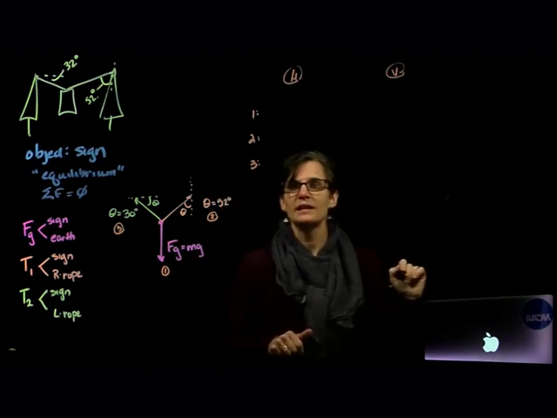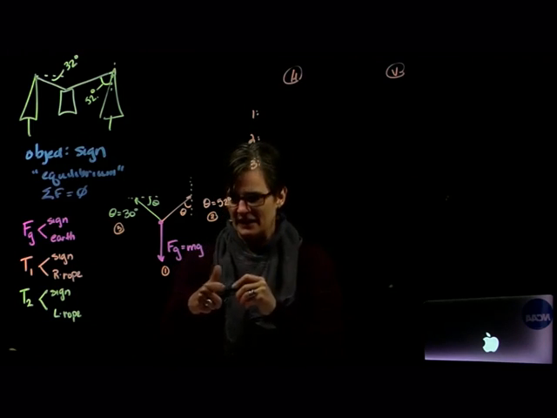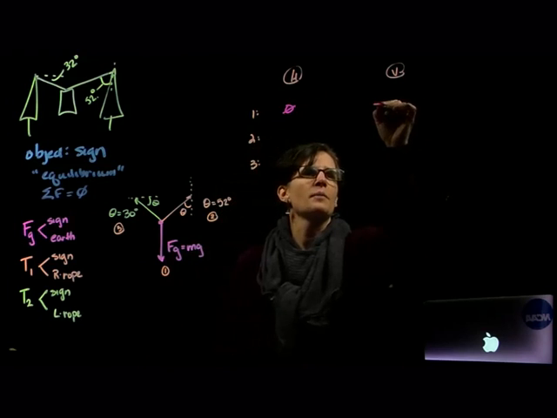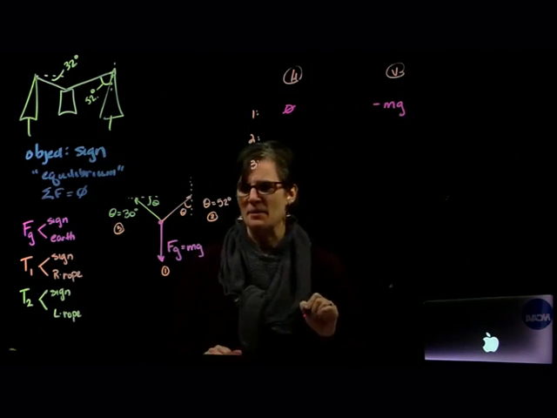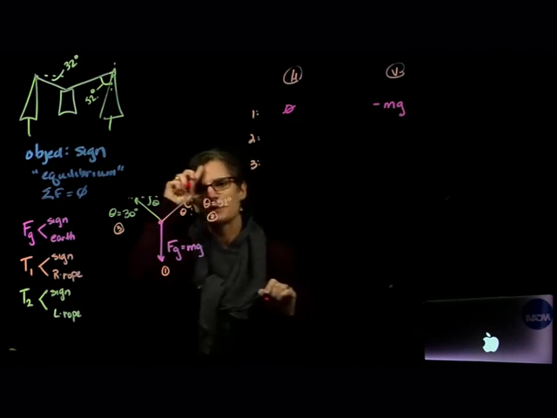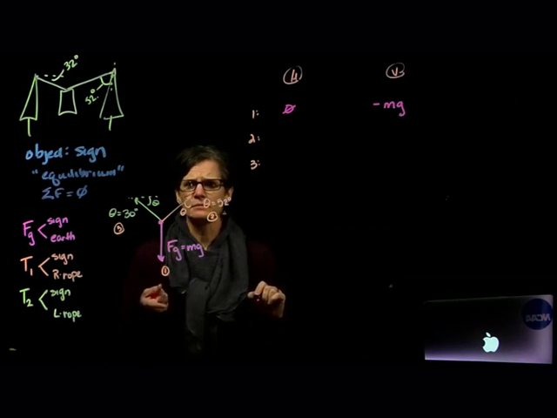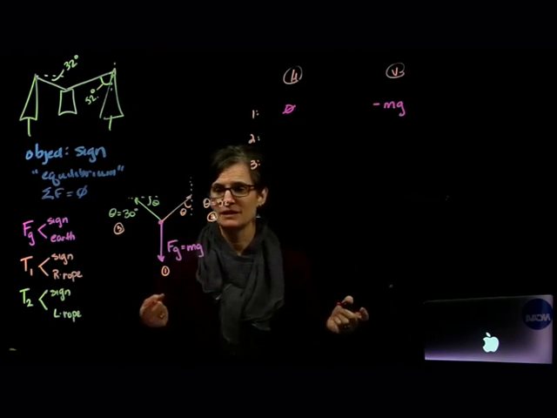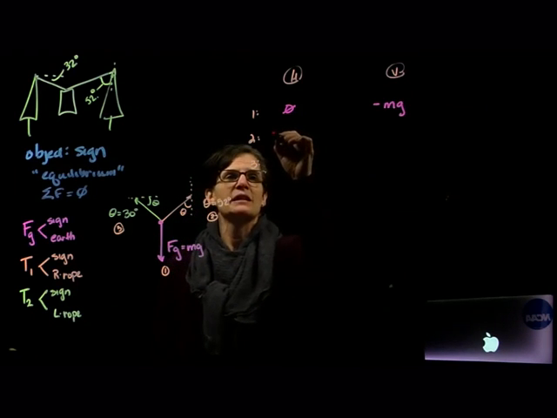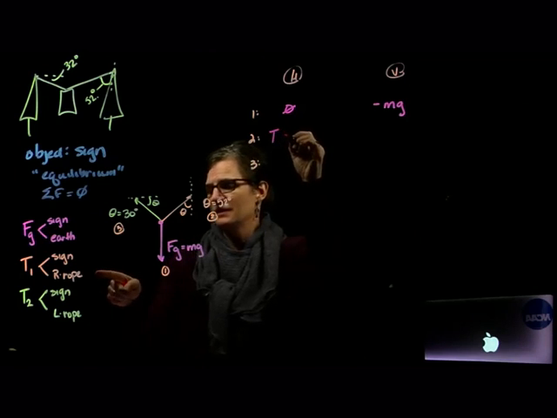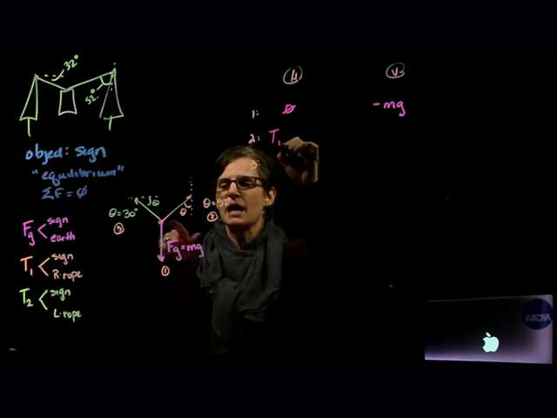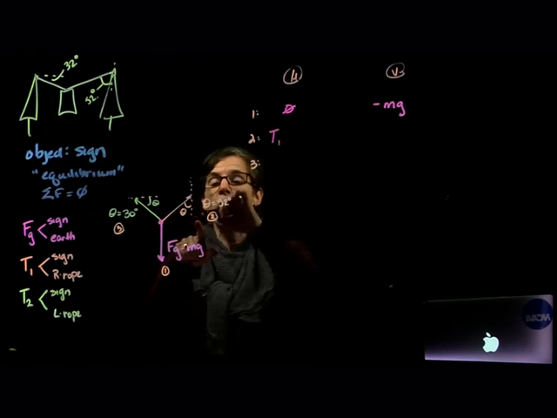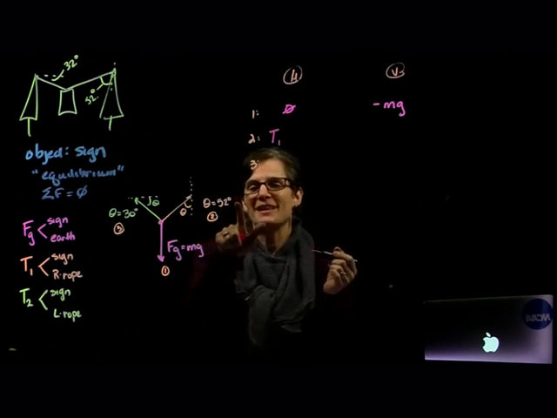So force number 1 is my force of gravity. It doesn't have any horizontal component, but its vertical component is equal to minus mg. Force number 2, well, that has both a horizontal and a vertical component. We have the tension of the rope, force 1, times, well, this is my angle, and this component is opposite my internal angle.